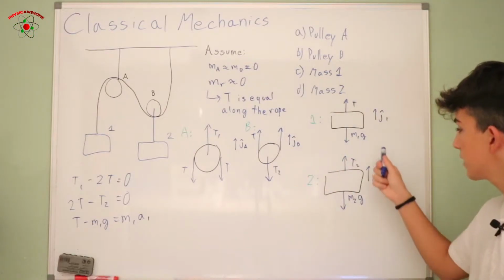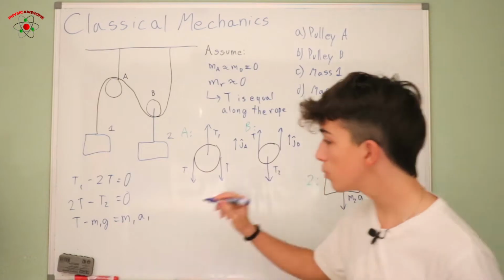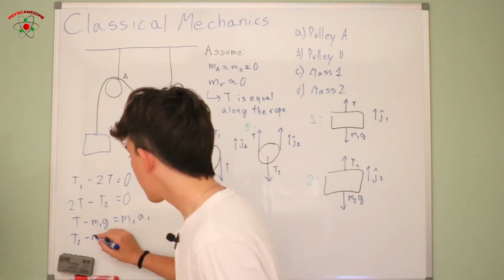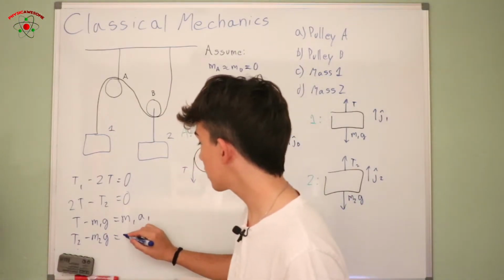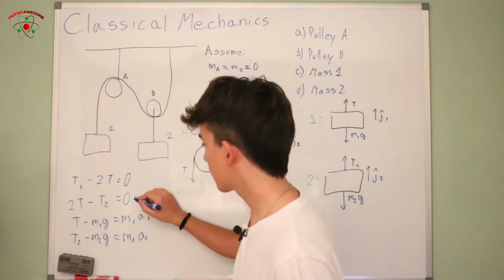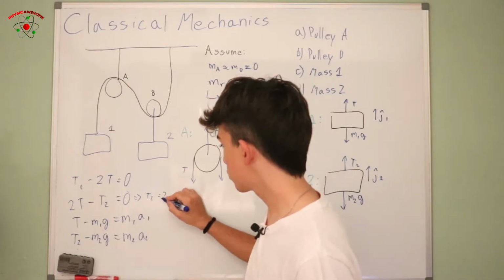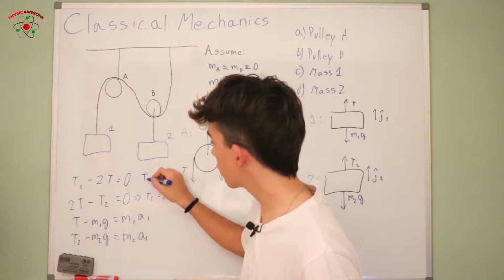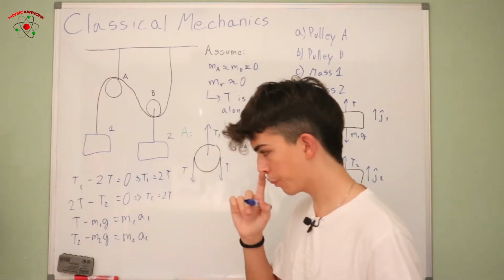And finally the last body, which has T2 pointing up minus m2g pointing down, and this is equal to the mass times the acceleration. We can easily see that T2 equals 2T and that T1 equals 2T.